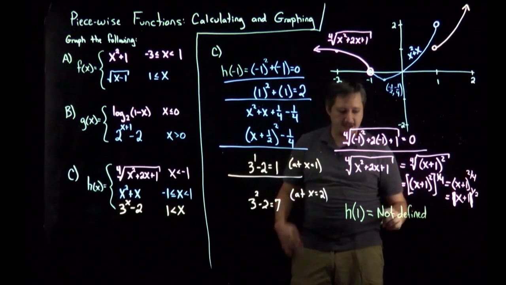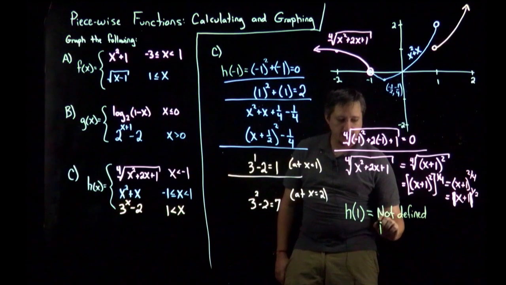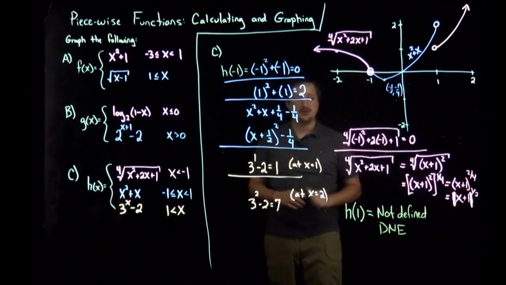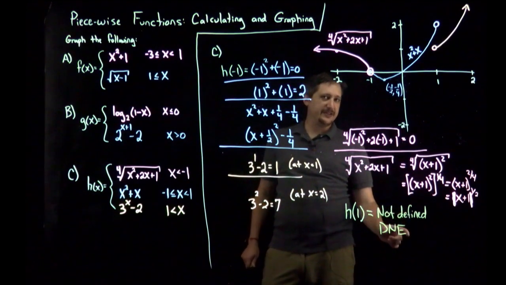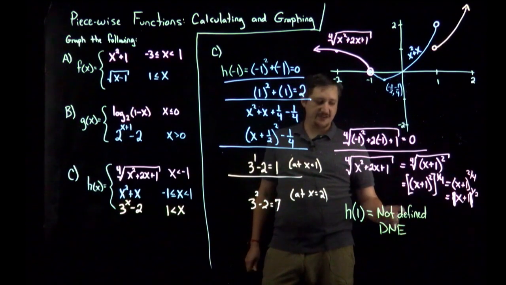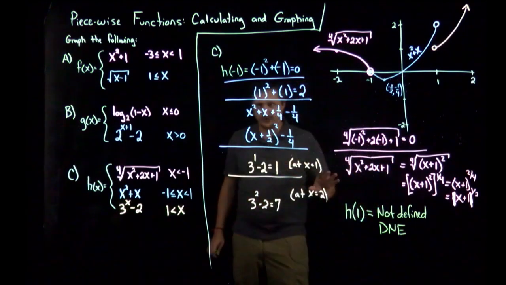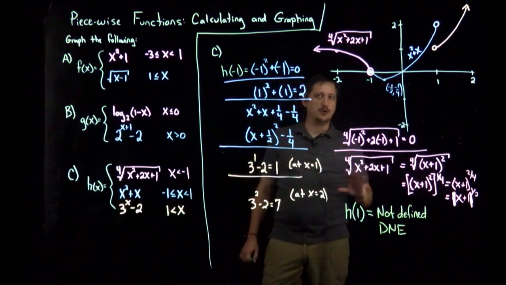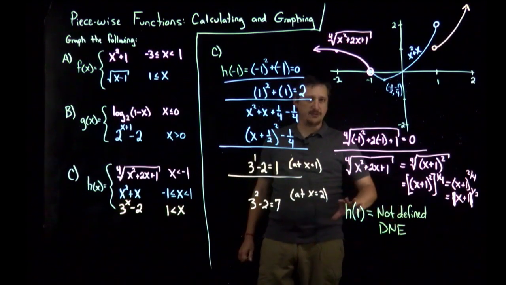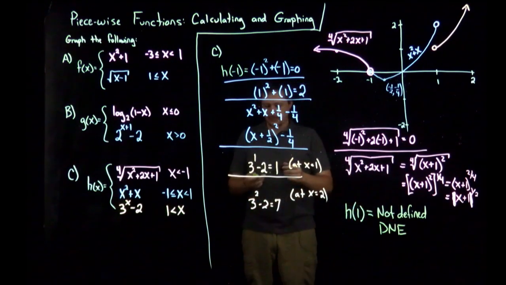Or another thing we write in math very commonly as sort of a shortcut, DNE for does not exist. Strictly speaking, it's better to say not defined than does not exist here, because does not exist has sort of a special meaning when you do limits in calculus. But don't worry, at this point we don't need to worry about that. You can write either of these and that would be fine, okay?